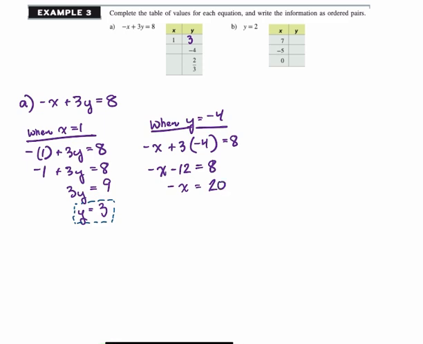And then I can multiply or divide both sides by negative 1. Basically, the negative will move over to the other side. Let's say x equals negative 20. So I'll place that in our table. We have the point (-20, -4).